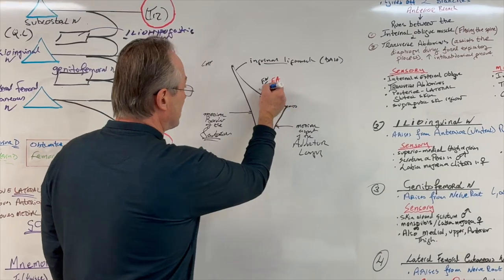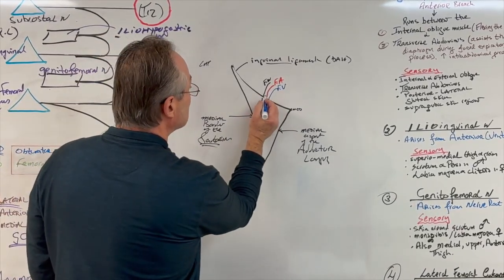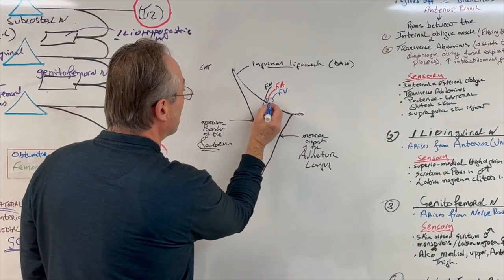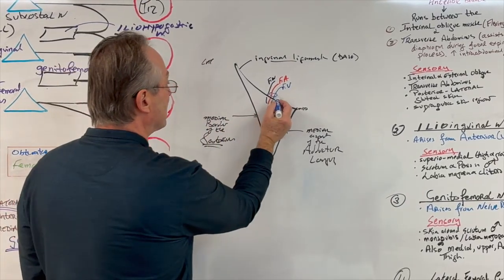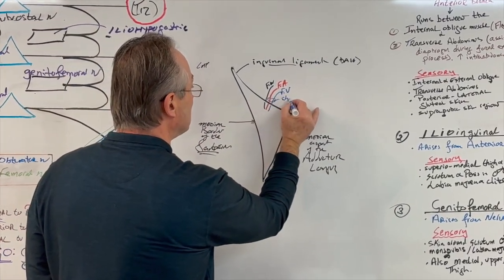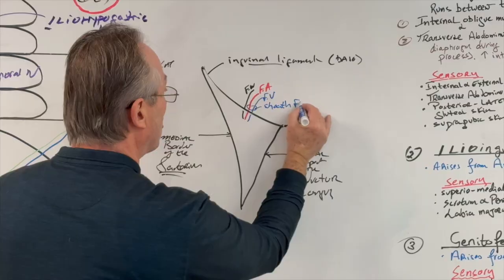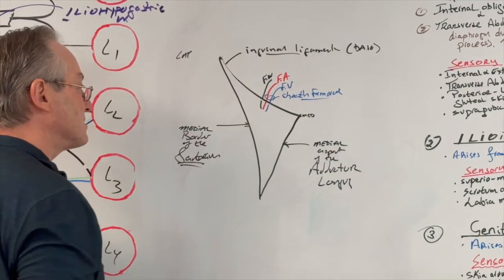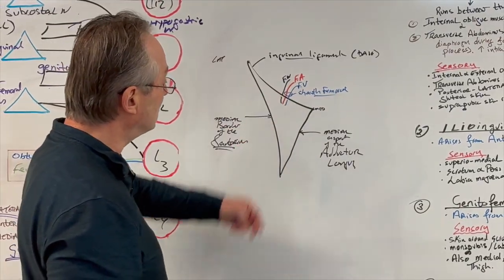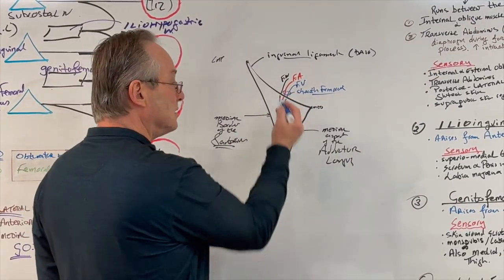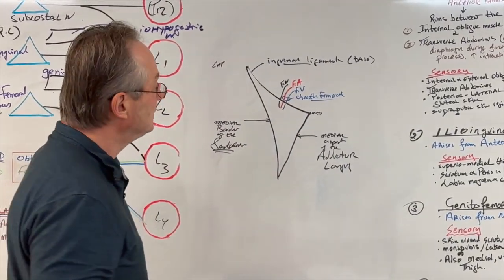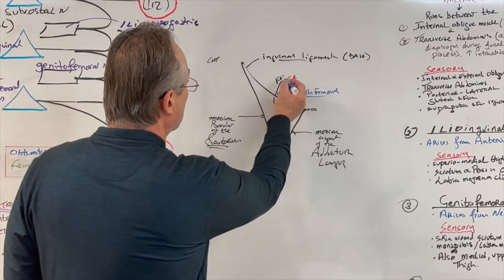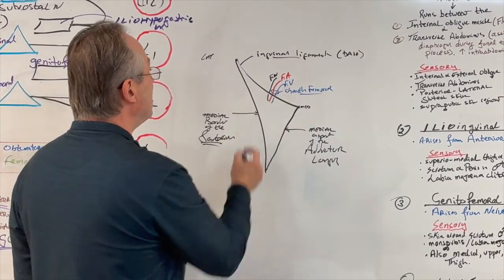Now, obviously that runs on down, but it's only the femoral artery and the vein that are surrounded by a sheath, okay, a femoral sheath to protect it, okay, because you want protection. And so the femoral nerve is not part of that sheath.